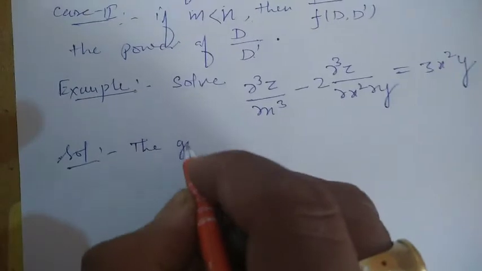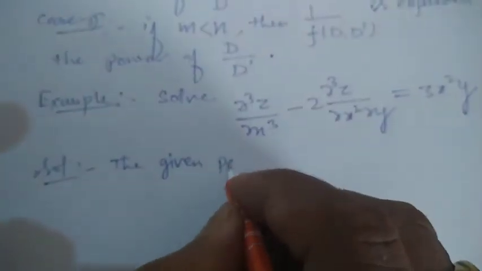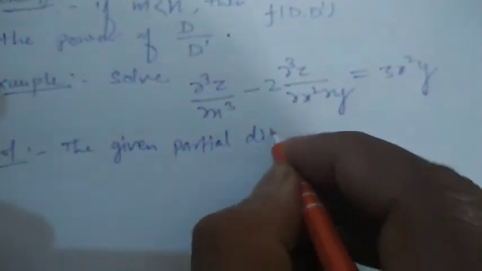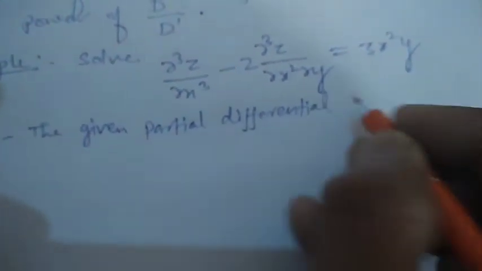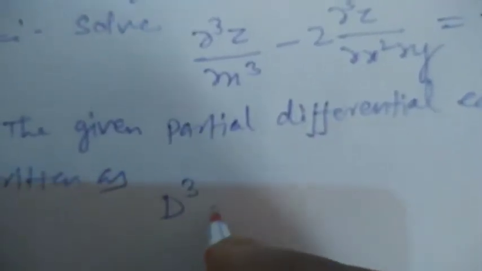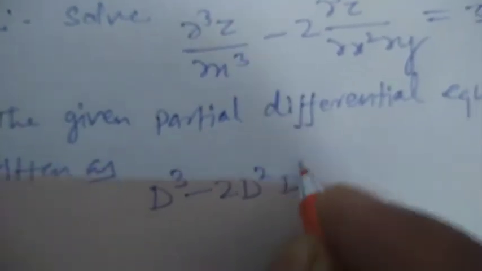The given partial differential equation can be written as (D cube minus 2D square D') z equal to 3x square y. This is equation 1.